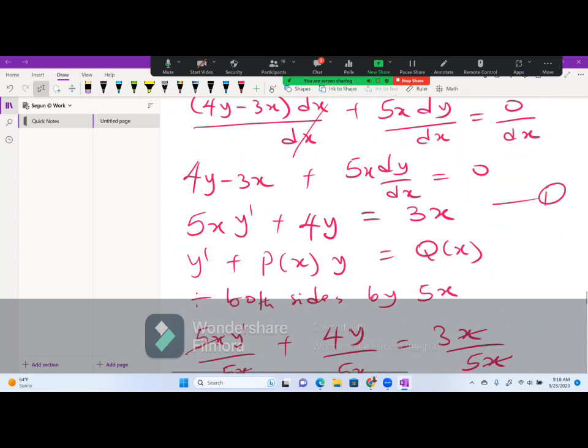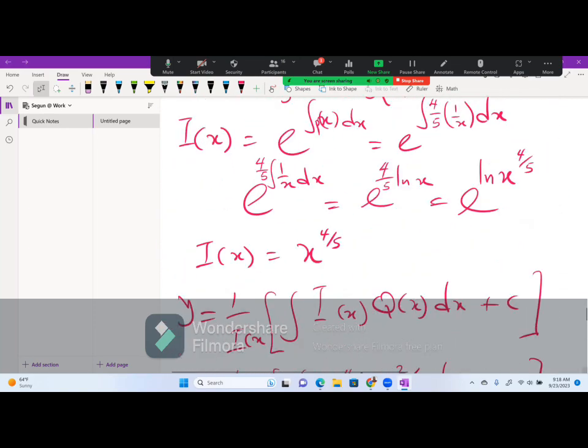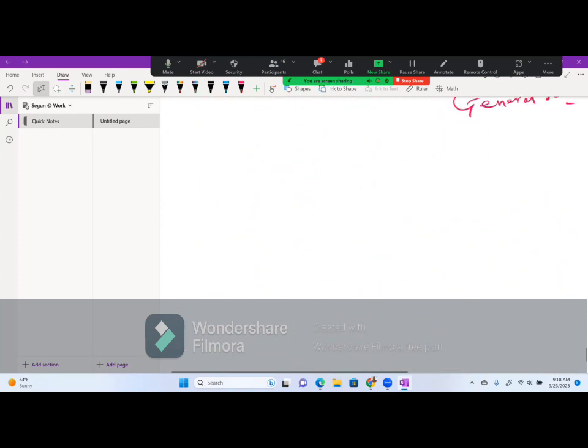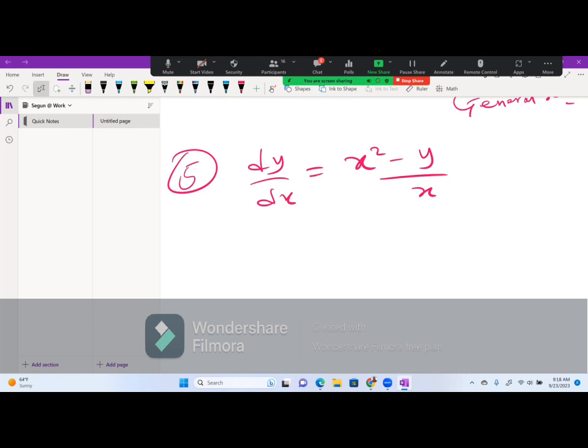In this case, this is for number 5. You have dy/dx equals x squared minus y, all over x. dy/dx equals (x squared minus y) over x.